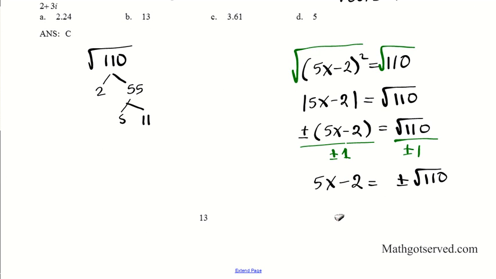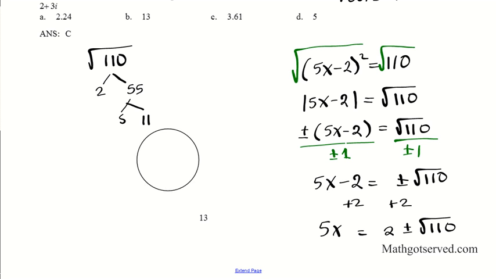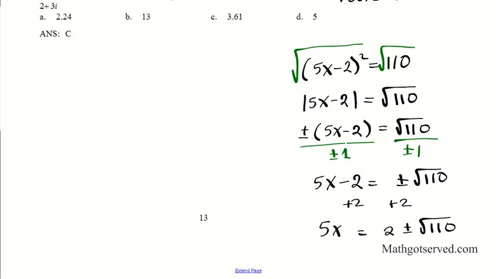So now we're going to add 2 to both sides. So we're going to have 5x equals 2 plus or minus root 110. And then let me finish my work on the upper left corner so we can have a glimpse at the answer. So moving it up over here, we're going to divide both sides by 5.